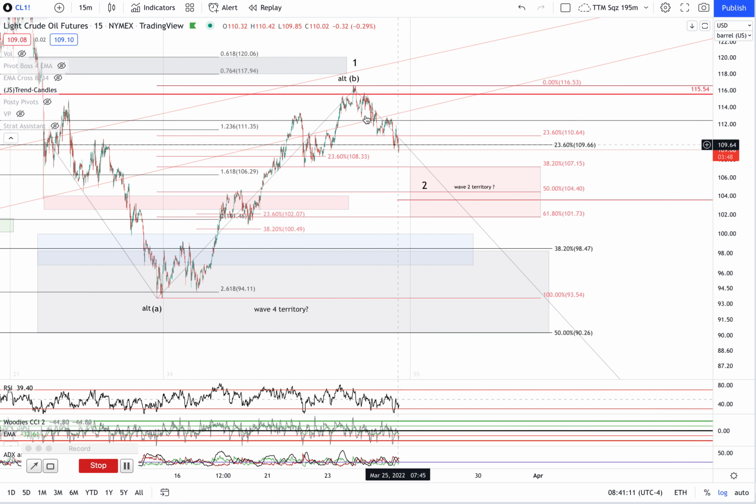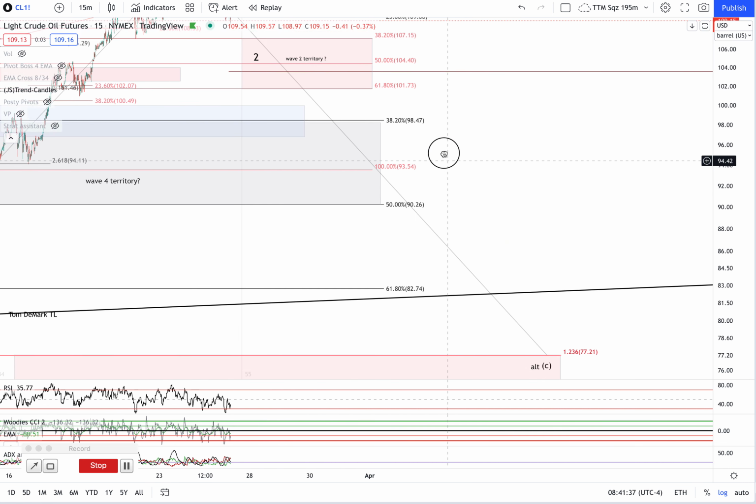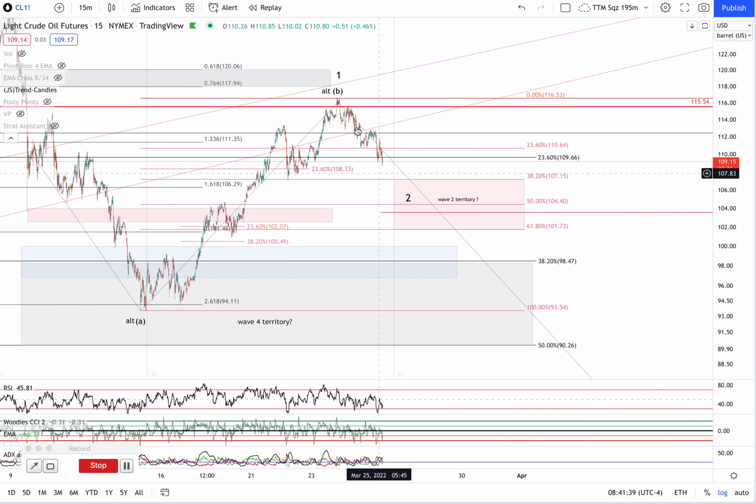I'm watching every area, but if it gets down into here, wouldn't it be interesting if all of a sudden you get what looks like an impulsive move up and out of here, or at some point you get a nasty move, and then you would look for a bounce, and then maybe you get a 3, 4, 5, which would be a 1 of C. That's just an idea, but I don't know. It's not really looking clearly impulsive to the downside to me.